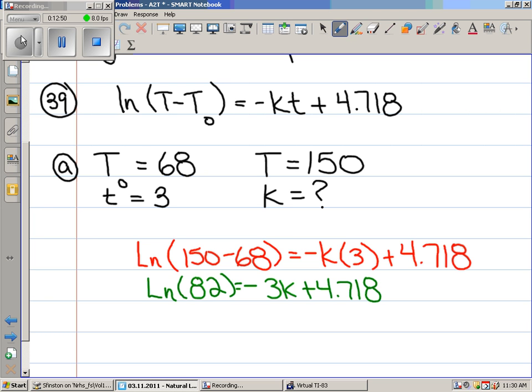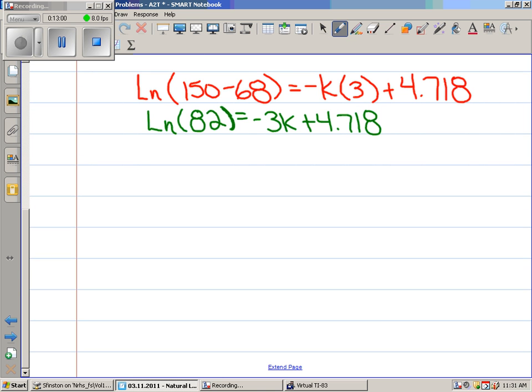Forgot the equal sign there. Equals negative. Okay. What's next? We're trying to isolate K. So subtract that 4.718 over to this side. Minus 4.718 equals negative 3K.